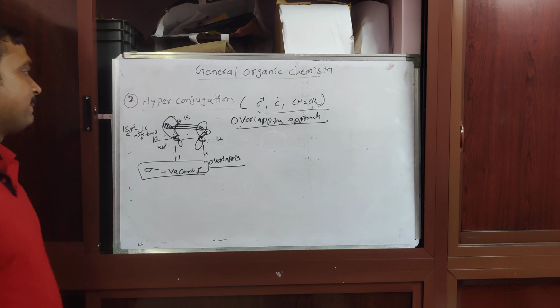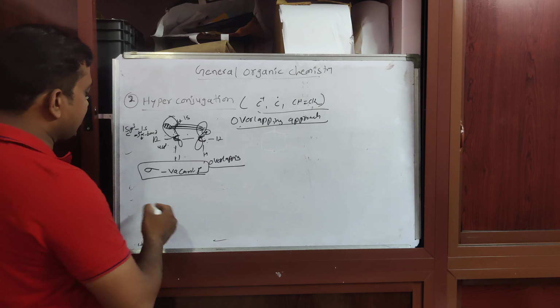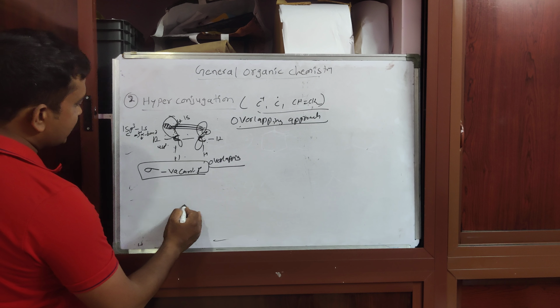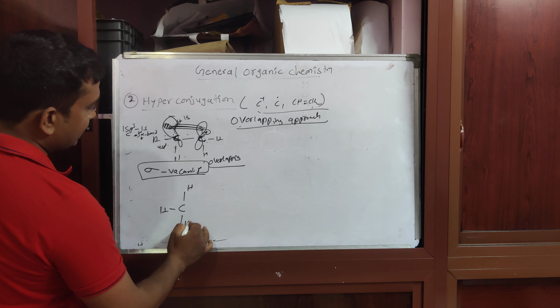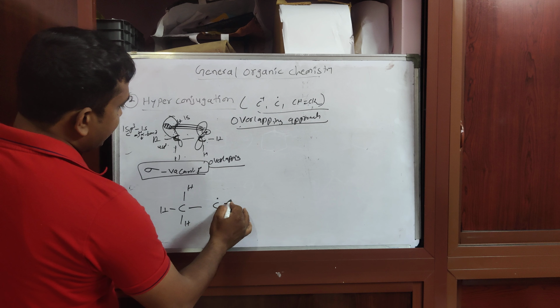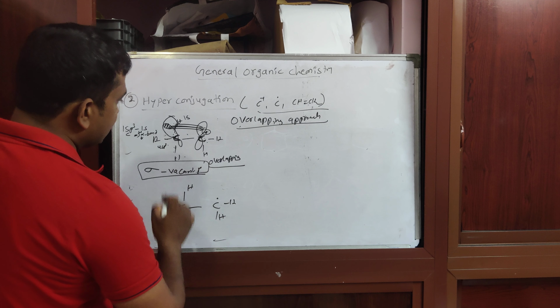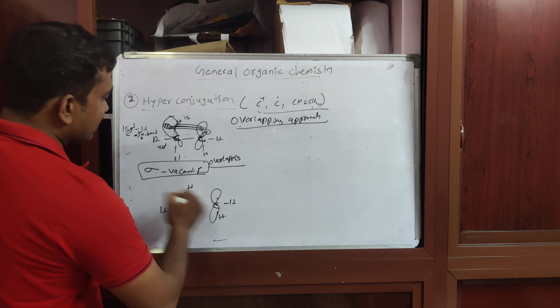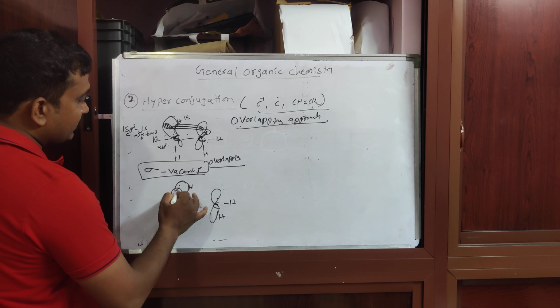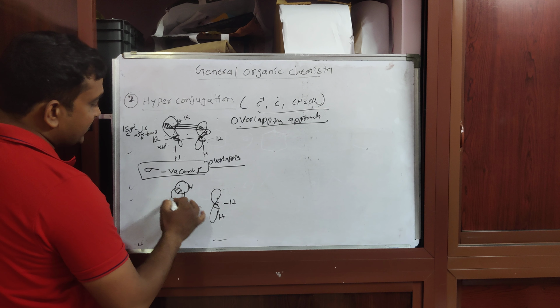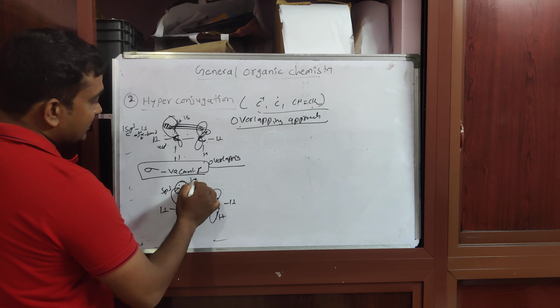That is in case of carbocation. In case of free radical, it is the same. What will happen in case of free radical? Same. This is the 1s orbital, sp3 hybridized. This is the 1s orbital.